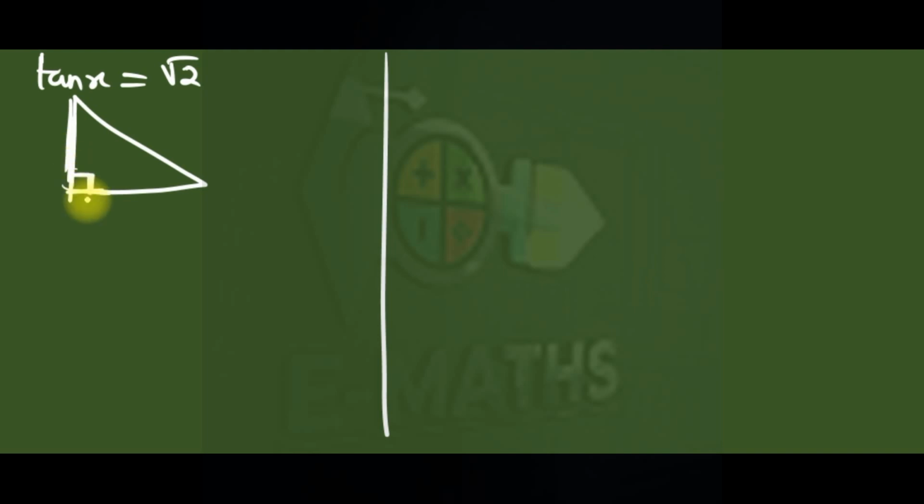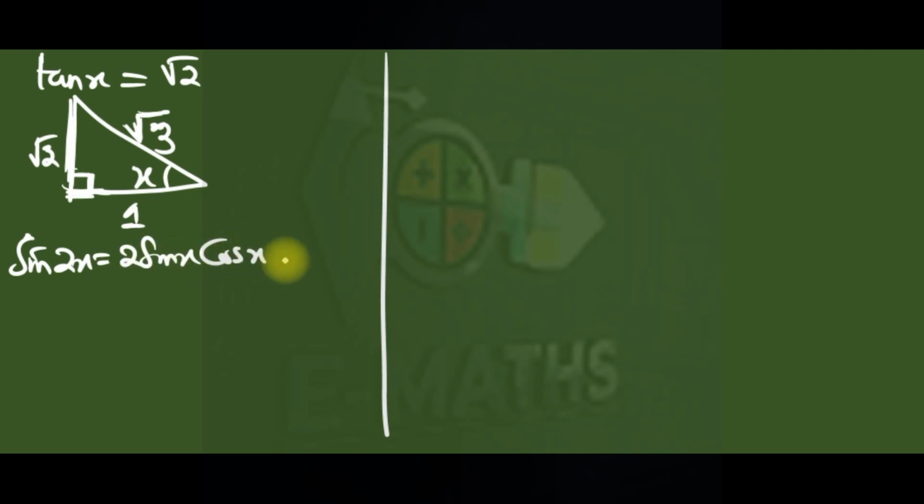Tan is opposite over adjacent. So if here is x, opposite over adjacent, our hypotenuse should be square root 3. By Pythagorean theorem, root 2 squared plus 1 squared is 3, so square root 3. We are looking for sine 2x, and sine 2x is 2 sine x cos x.